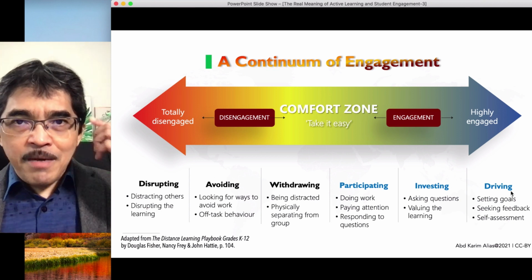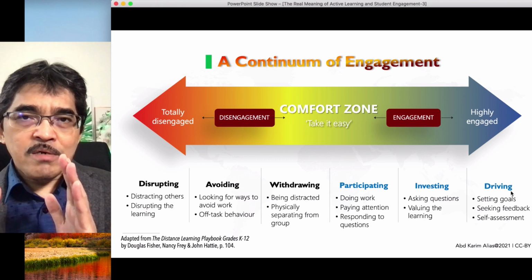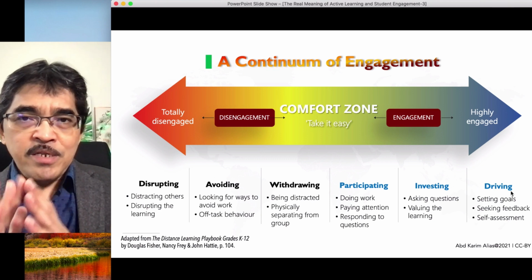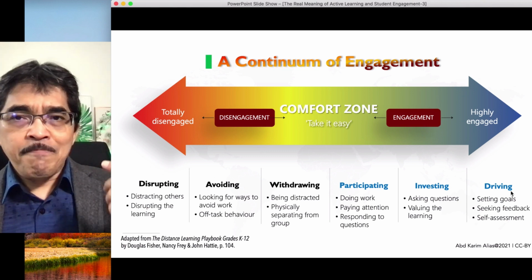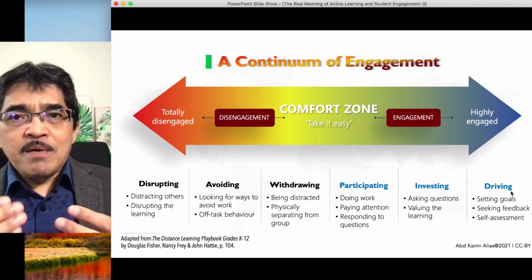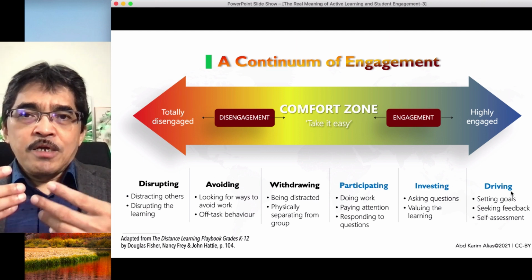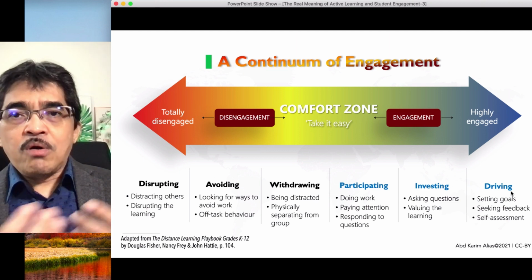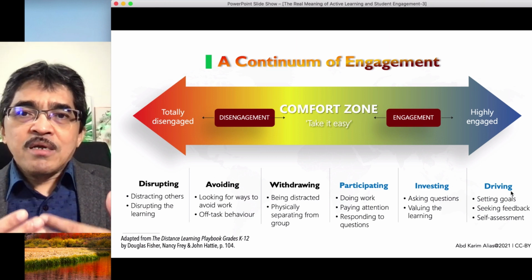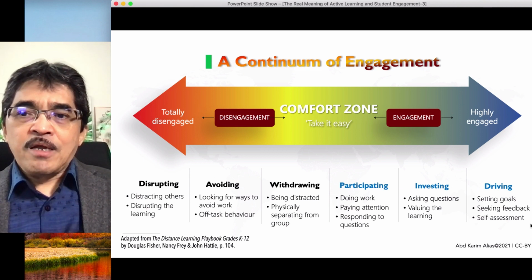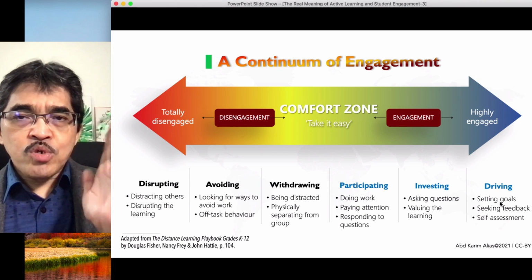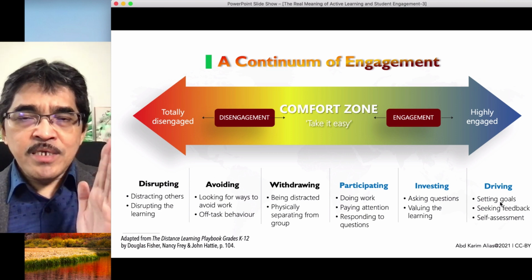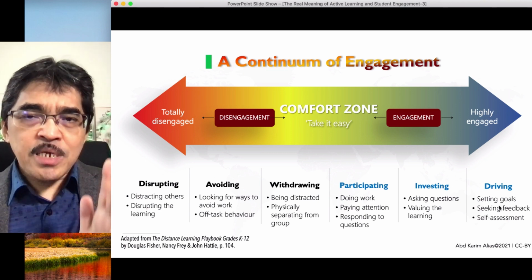They are driving their brain. So they are really using metacognitive learning strategies here, thinking about their own thinking, what they are doing, what they have learned today, yesterday, or this week. Always thinking about and valuing their learning. And when they are in the driving seat, they start to set their own goals. Today I want to learn this, I want to do this, I want to complete this assignment, and so on.